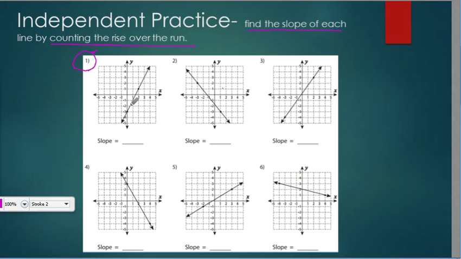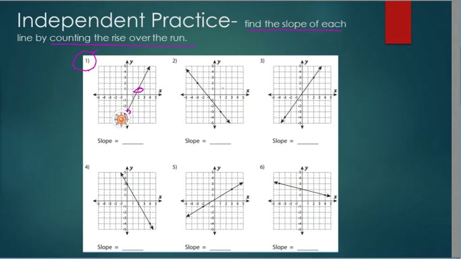Okay, and if you look at question number 1, you can see that there's a point right here at 0, negative 3, and a point right here at 2, 1. So you're going to count the rise over the run from one point to another point on the line. Okay?